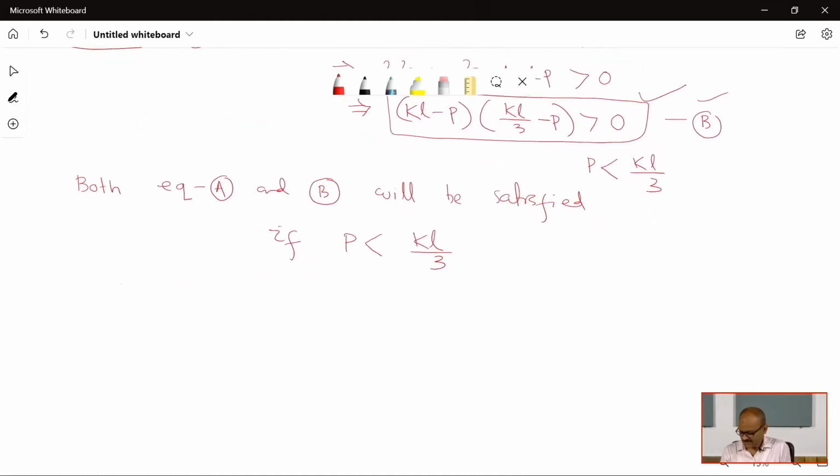Hence, for P less than KL by 3, the system is in stable equilibrium.